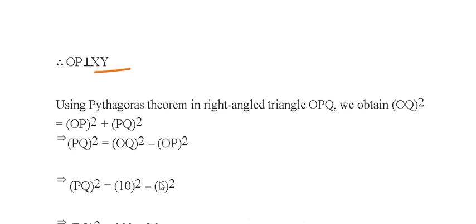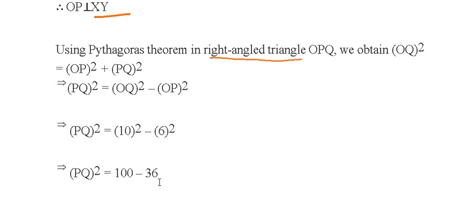Using Pythagoras theorem in right angle triangle OPQ, we obtain OQ square equals OP square plus PQ square. Clear? Pythagoras gave his statement about right angle triangles. So PQ square equals OQ square minus OP square, and PQ square equals 10 square minus 6 square. 10 square means 100, 6 square 36, right?